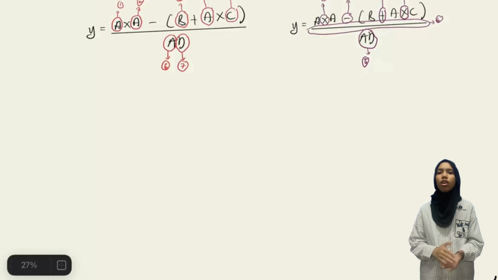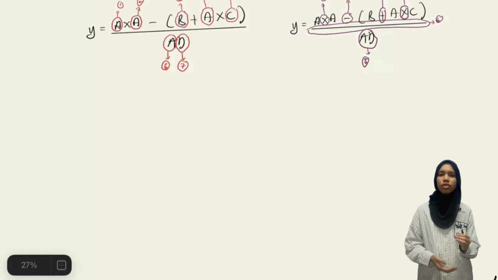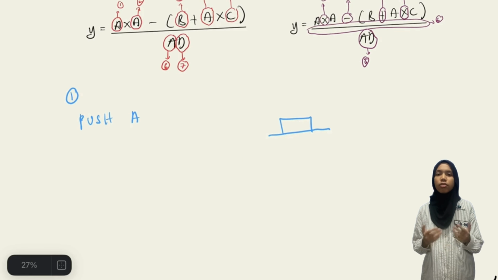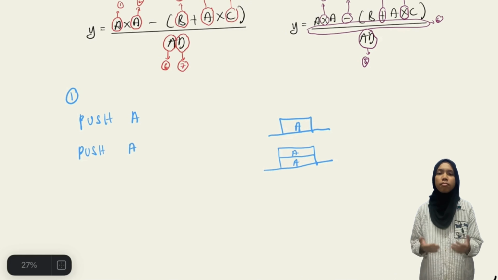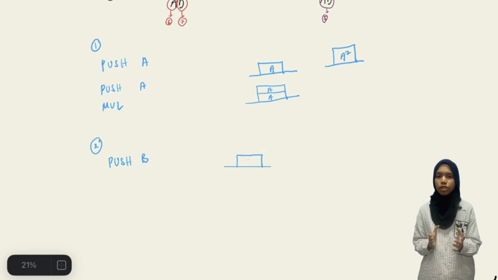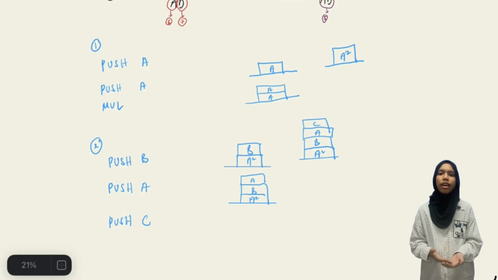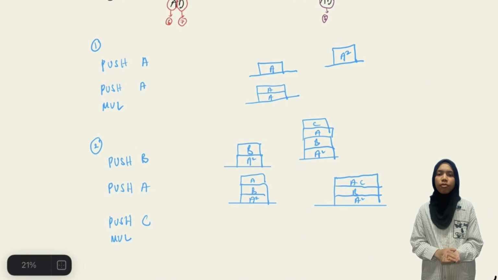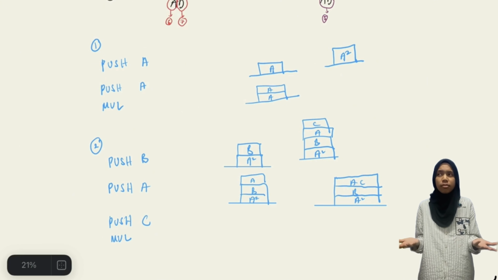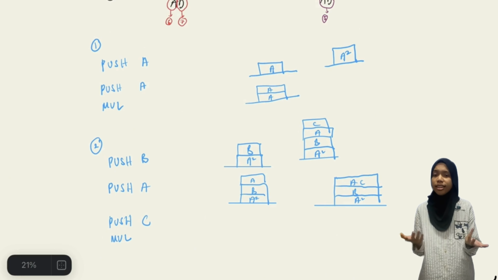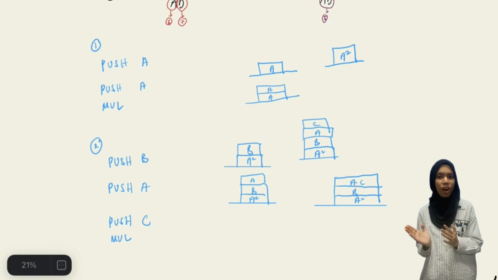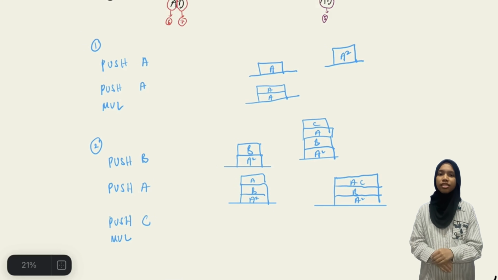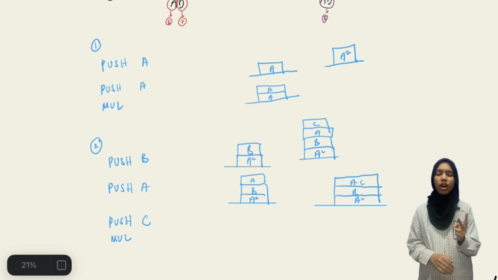After determining the order of the registers and the operators, we can start writing the zero address instructions. First, push A. Next, push A again. Then perform MUL. After that, push B, push A, and push C. Then perform MUL. Why does the multiplication use only A and C? As I mentioned before, in a zero address instruction, the operation always uses the top two values on the stack.